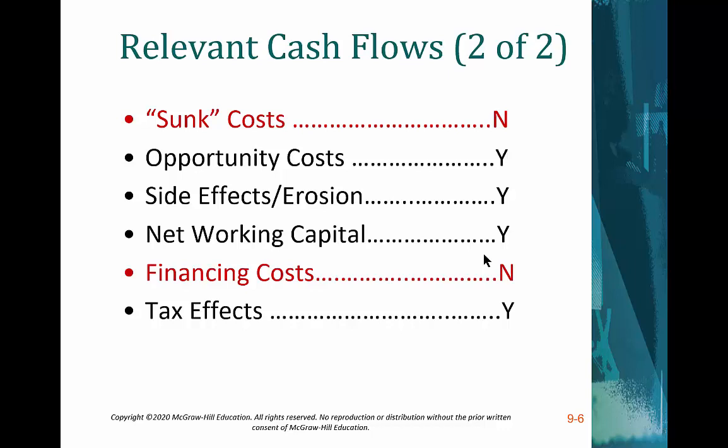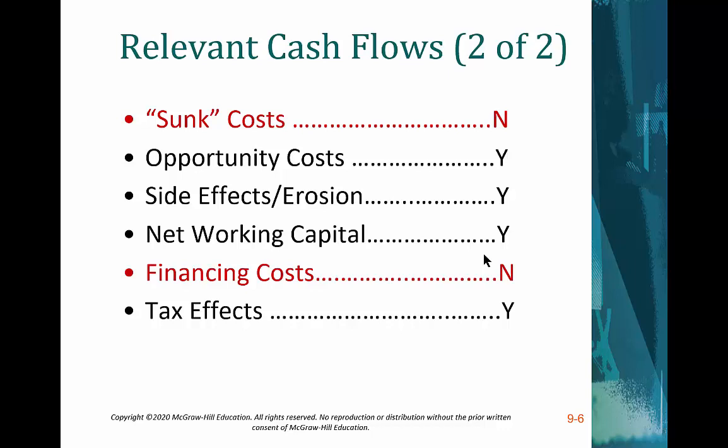Next, let's talk about the tax effects first. Tax effects obviously are relevant. Oddly enough, financing costs are not. You may view this as kind of odd. You know, if I'm paying 5% interest on cost of financing this project, why is it not relevant? That comes from 2 reasons. One, the so-called standalone principle.